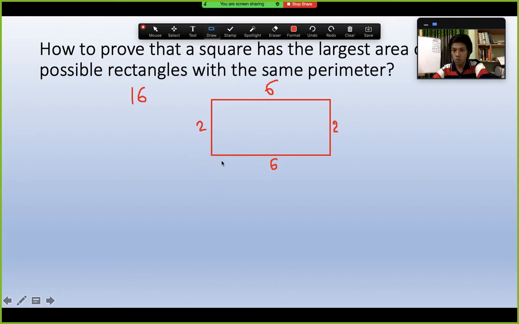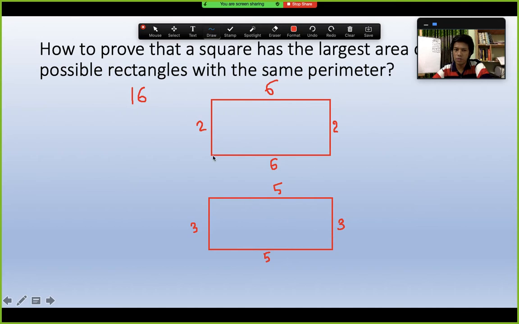Our target is a total of 16. So you see, 2 plus 6 means 8, 8 plus 2 means 10, 10 plus 6 means 16. Then another combination is possible. We can make this figure 3 and 3, then 5 and 5.